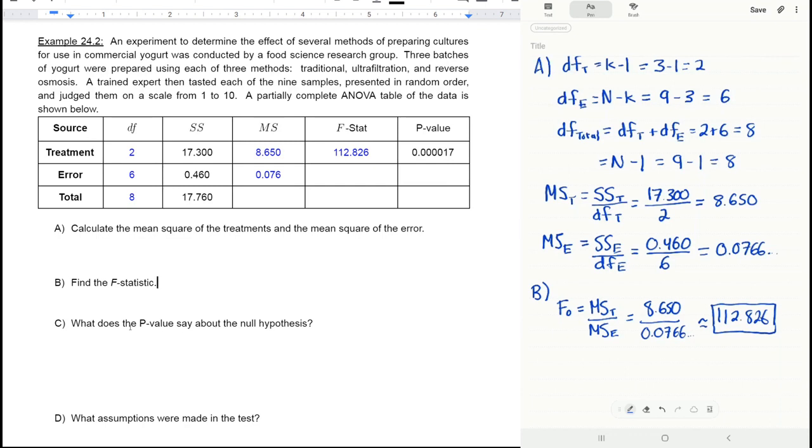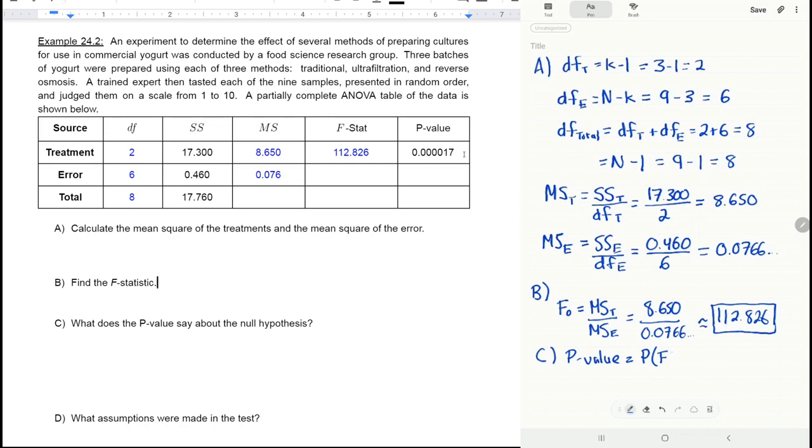All right, so what does the p-value say about the null hypothesis? We're given that the p-value is 0.000017. All right, so the p-value is the probability of observing our test statistic.